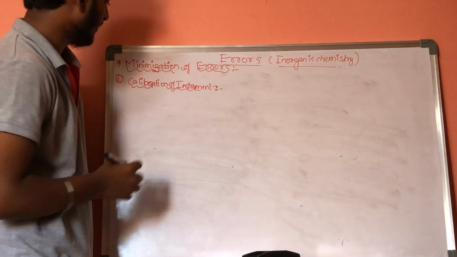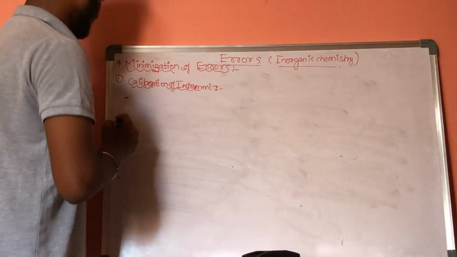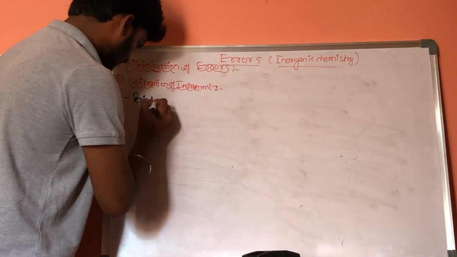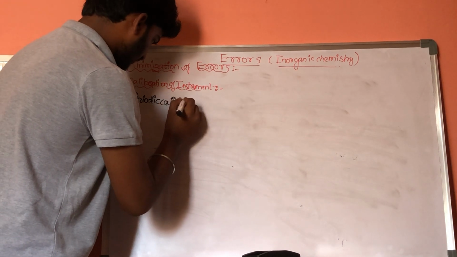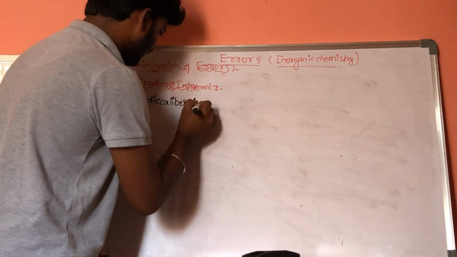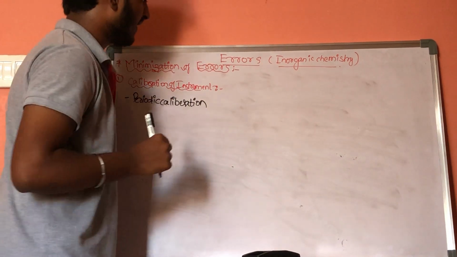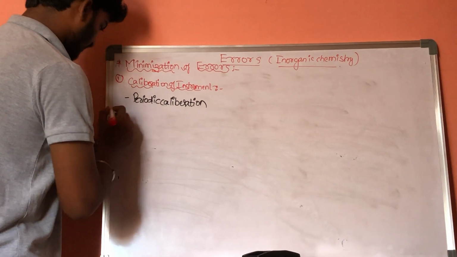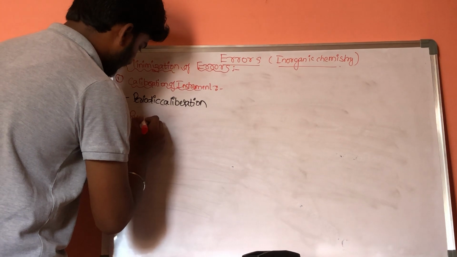In calibration, we must know one more term, that is periodic calibration. This periodic calibration is very much required to minimize the error. Second one is running a blank determination.